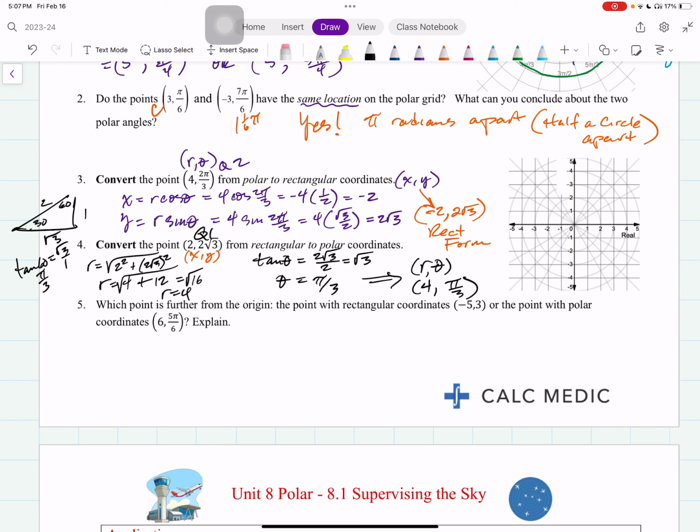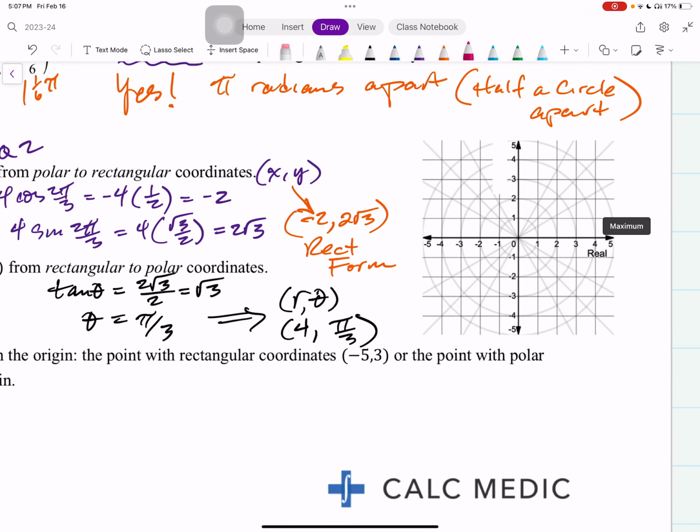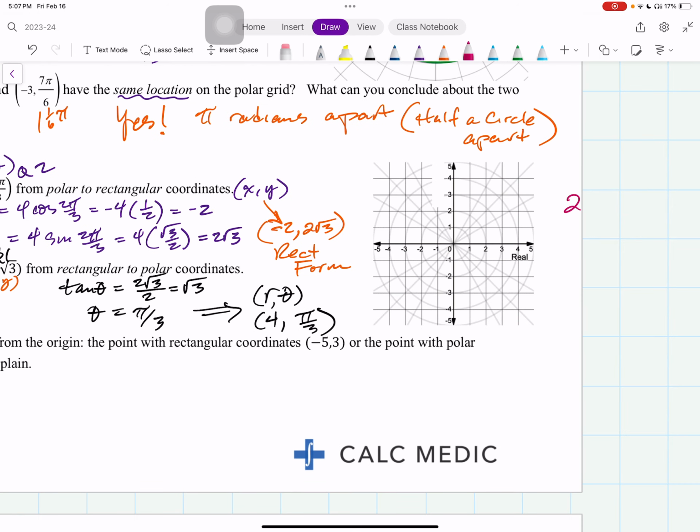Now if you graph (2, 2 rad 3), if you just take a look at it here, you would have to graph it at 2 comma, let me see, 2 times 1.7, that's about 3.4, so (2, 3.4).